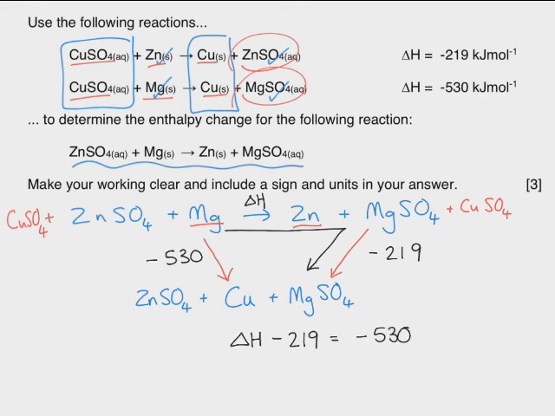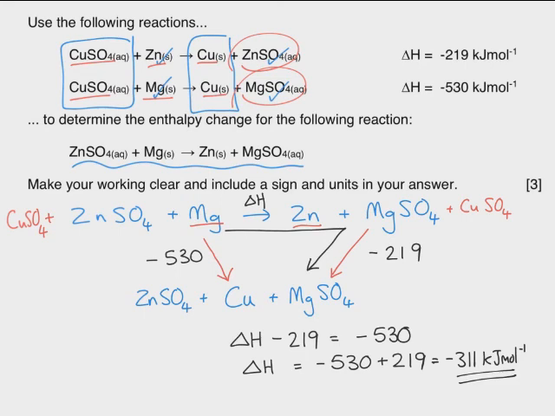So I've done no switching of signs right now. I am going to move the 219 to the other side to make delta H the subject. That's what we mean when we say change the sign of the arrow going the other way. We're just rearranging an equation. So I get my final answer as minus 311 kilojoules per mole.